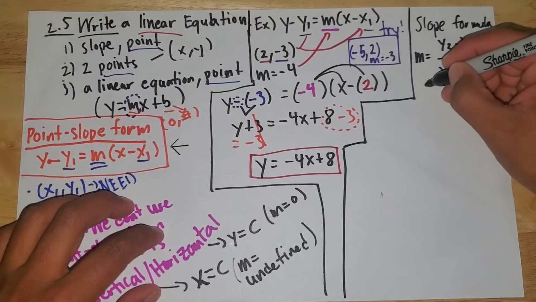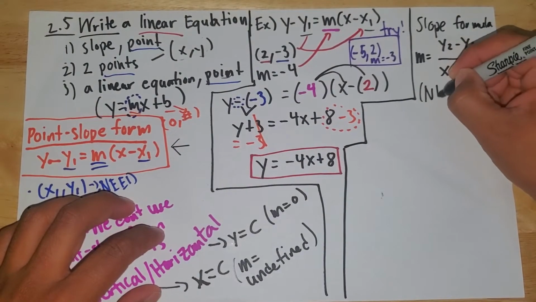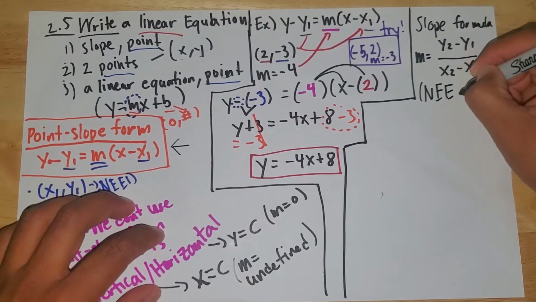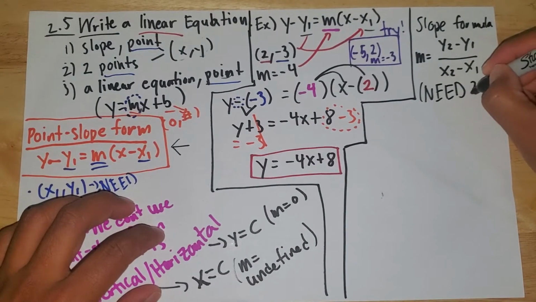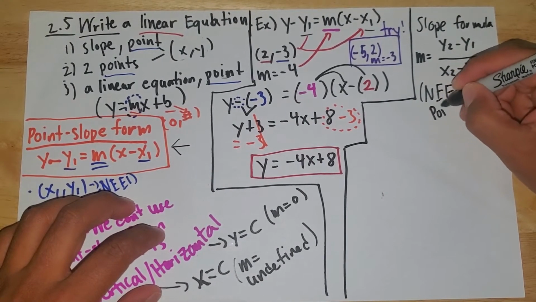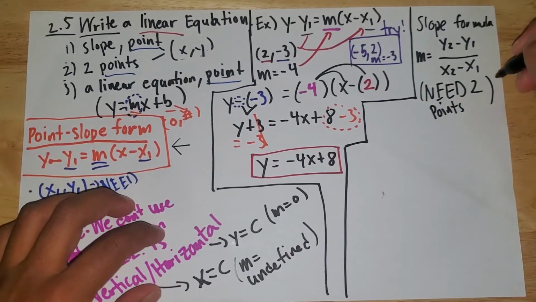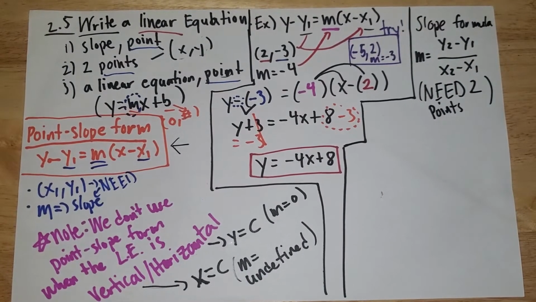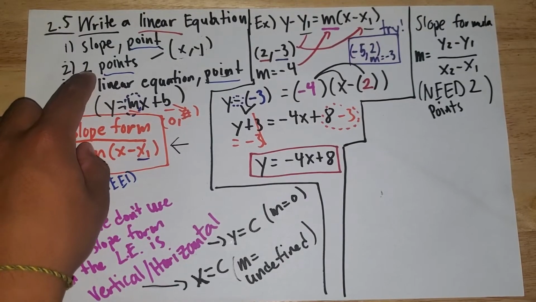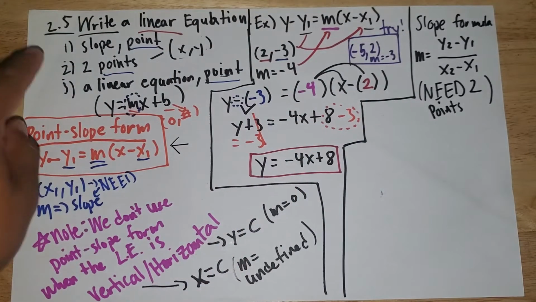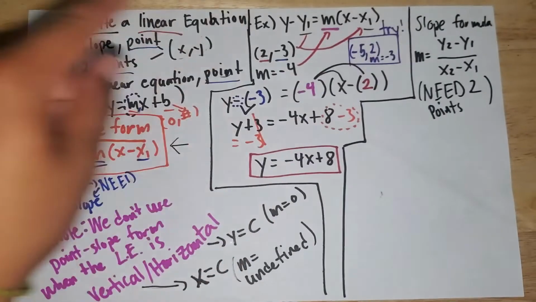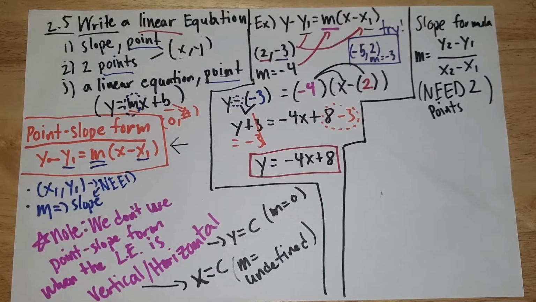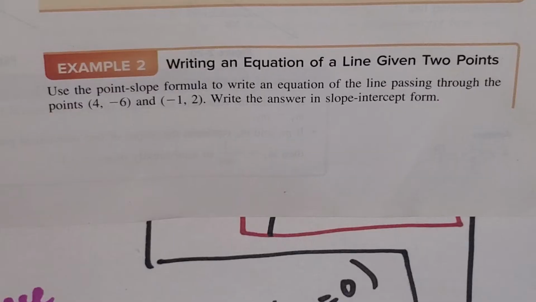But to use this formula, you need 2 points. So again, the nice thing is in these questions, you're going to be given 2 points. You need 2 points. Here you need a slope. That formula helps you find the slope. Let's look at an example.